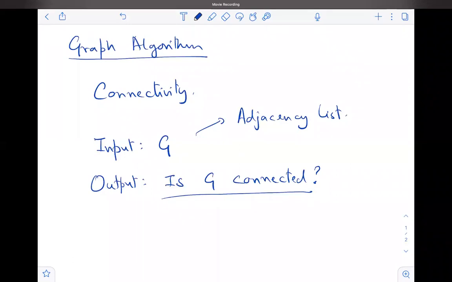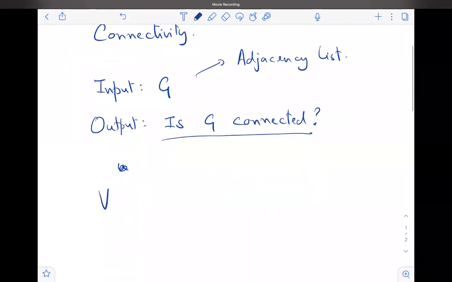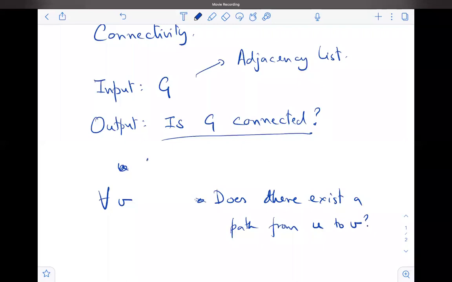If I start from a particular vertex U, which is the starting vertex, I have to check, for all vertices V, does there exist a path from U to V? So that means I have to go over all possible things.